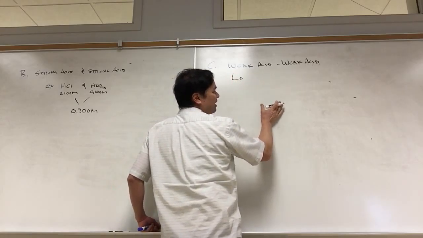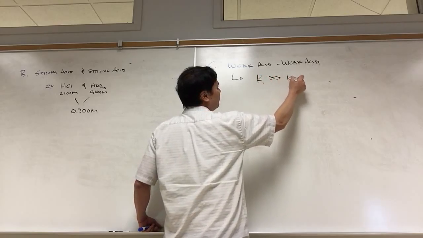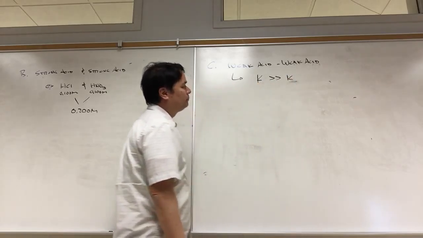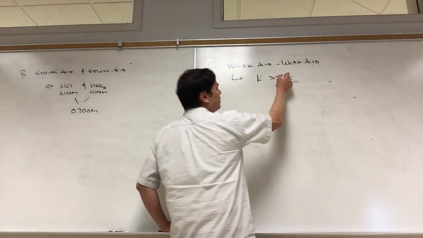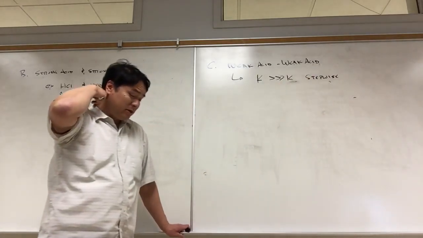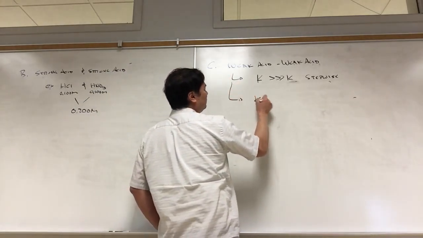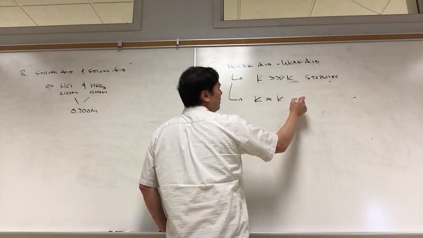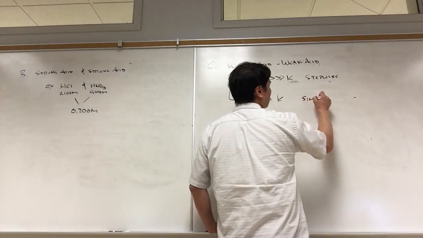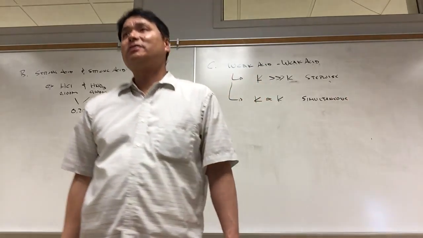For example, if acid A and acid B have very different Ks, like the K for acid A is much bigger than the K for acid B, then we can do it stepwise. We just look at all the hydronium ion contributors. But if the Ks are comparable, then we can't do it stepwise. If the Ks are comparable, we have to do it simultaneous.